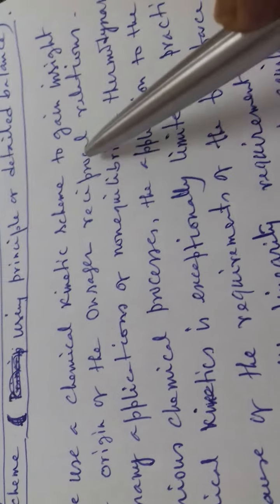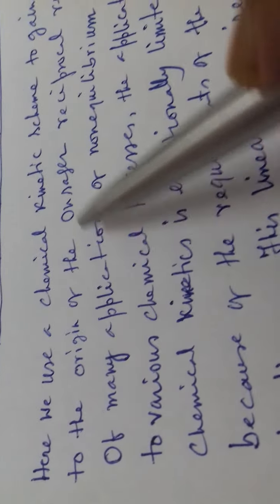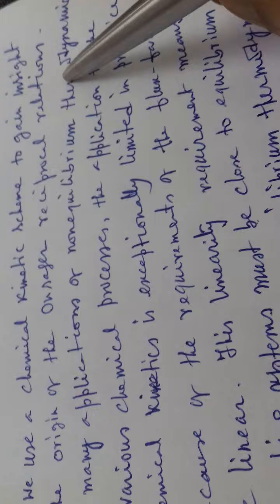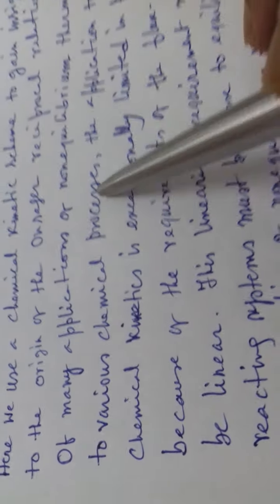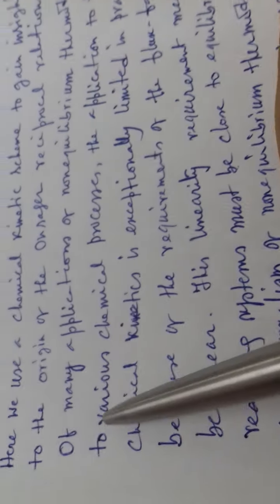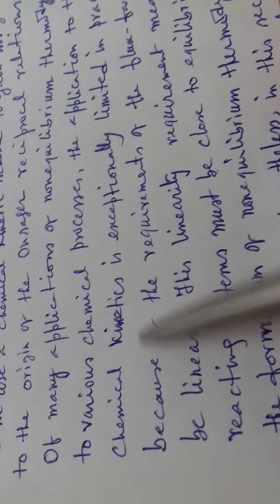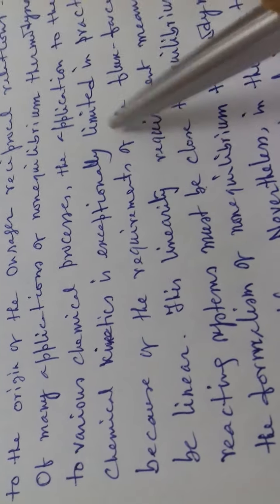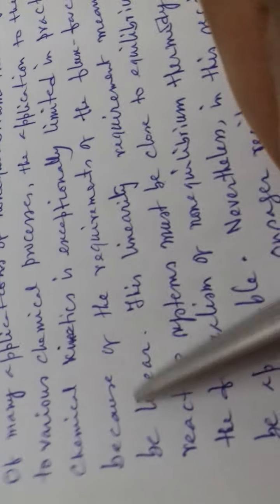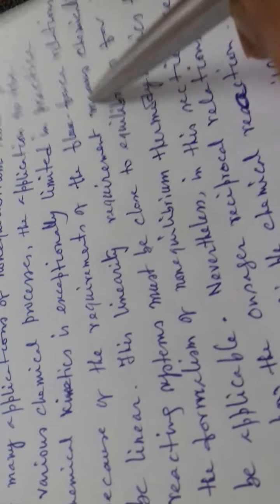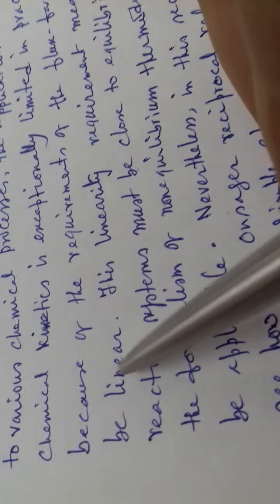So to start with, here we use a chemical kinetic scheme to gain insight into the origin of the Onsager reciprocal relations. Of many applications of non-equilibrium thermodynamics to various chemical processes, the application to chemical kinetics is exceptionally limited in practice because of the requirement that the flux flow force relations be linear.